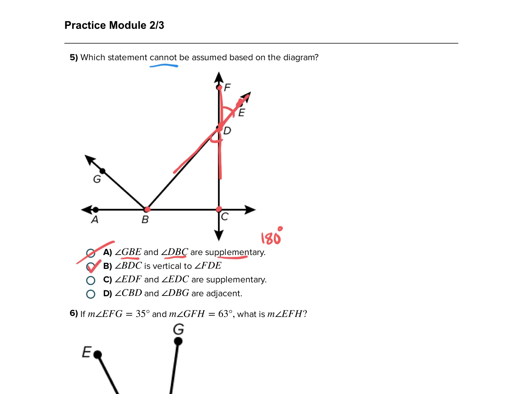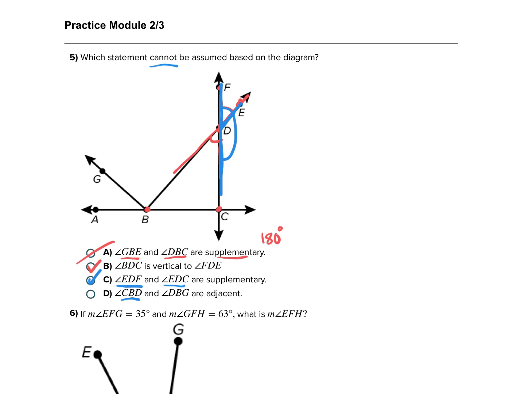So that's correct. Okay, EDF, which we just looked at, and EDC. Yes, those are supplementary. That forms the line. So this is correct.